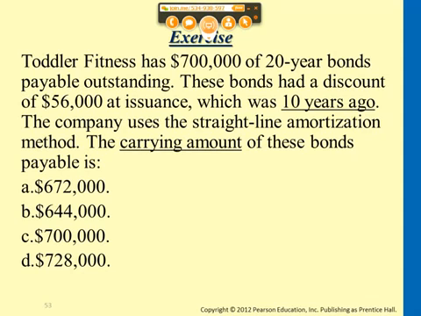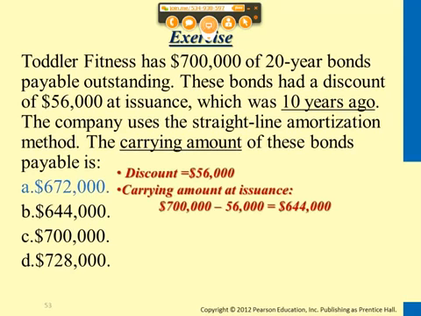But now we need to know exactly what the dollar amount is. So the discount part here, remember we gradually amortize it along the years. $56,000, if we divide it by the lifetime of 20 years of the bond, that will give you a yearly amortization. Then you multiply this by 10 years. That will give you what you increase to the bond's carrying amount over 10 years. So first step, calculate the original carrying amount, $644,000.